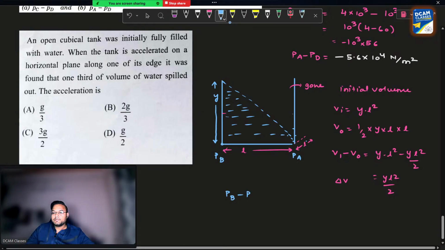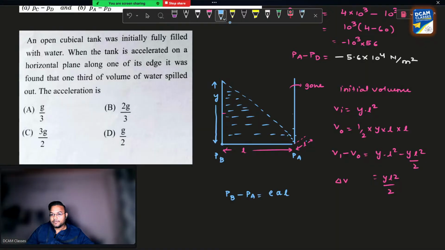So we know PB minus PA is equal to rho into A into L. Sir, I consider the excess volume that's been spilled as the new height, the height it has been raised to h plus again 1 by 3 h.